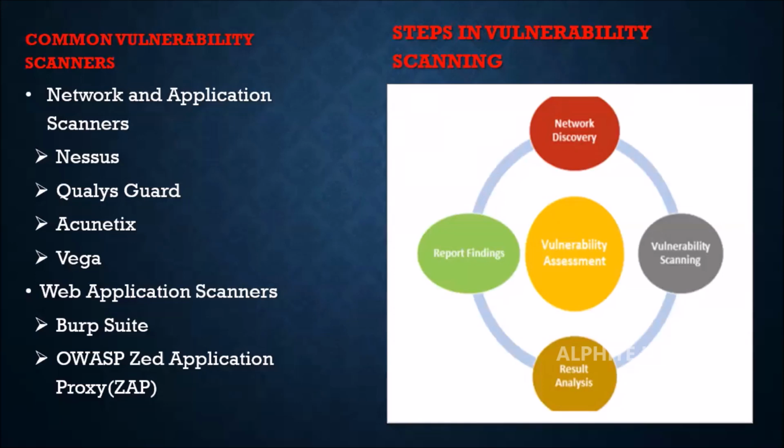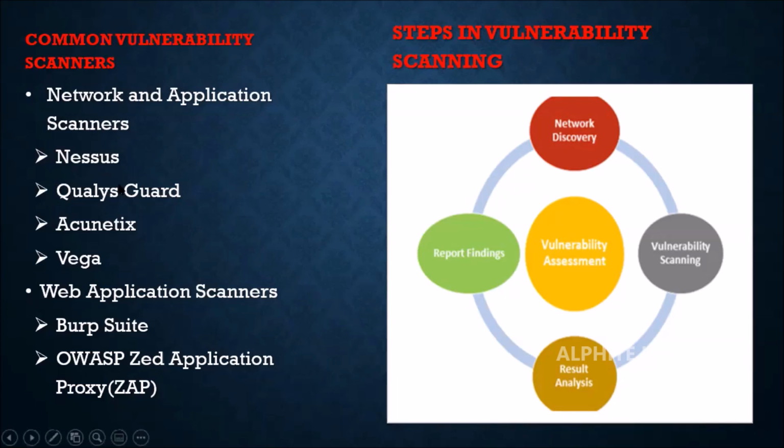Acunetix is another vendor, and all of these work on the same pattern. They have the vulnerability database. We can select the signatures, or even if we don't, the tool will select the signatures based on the OS version of the target.